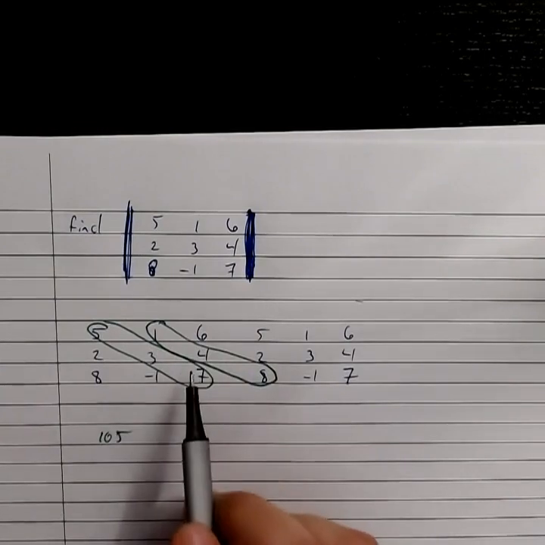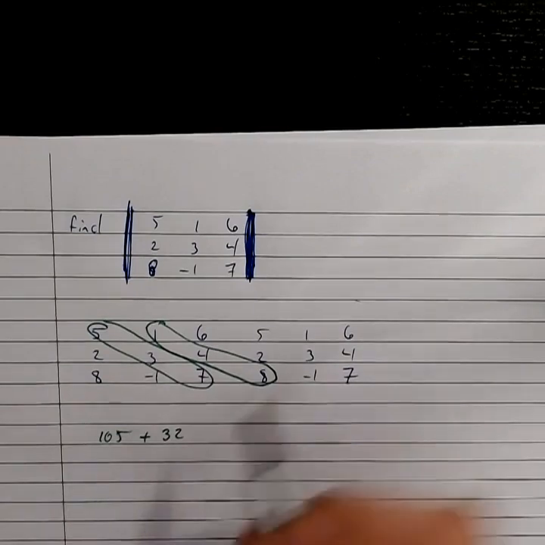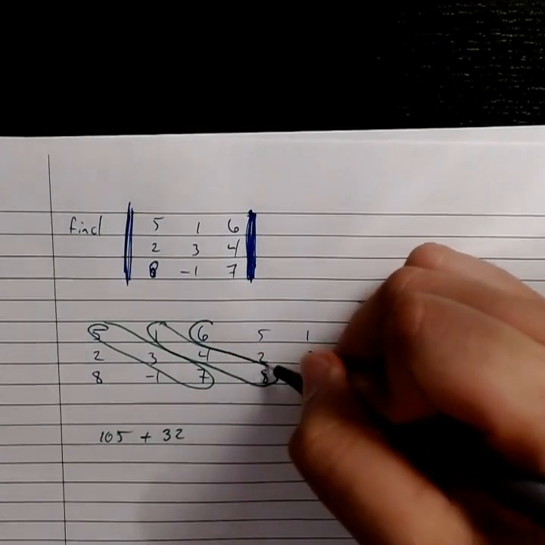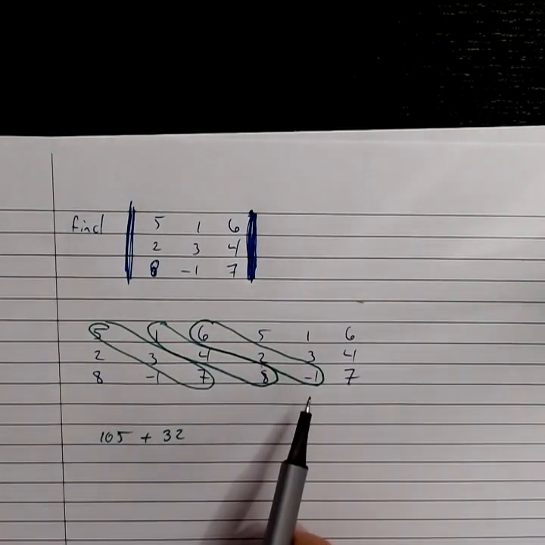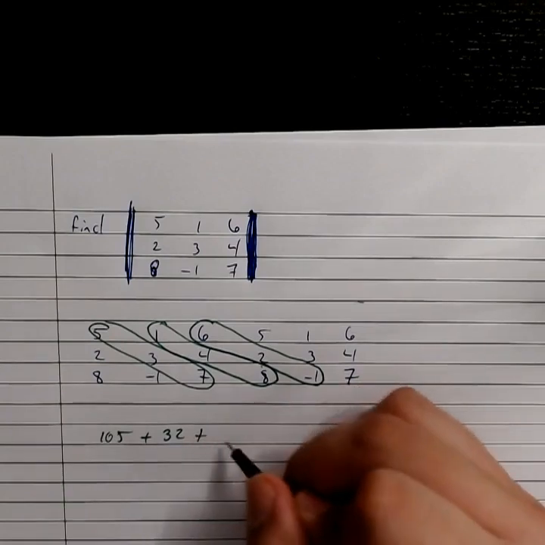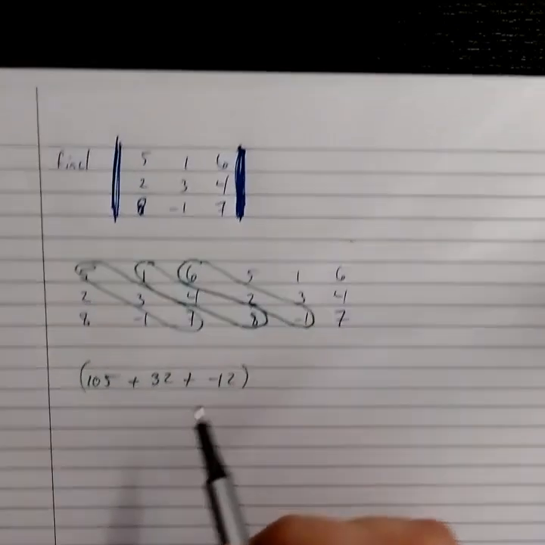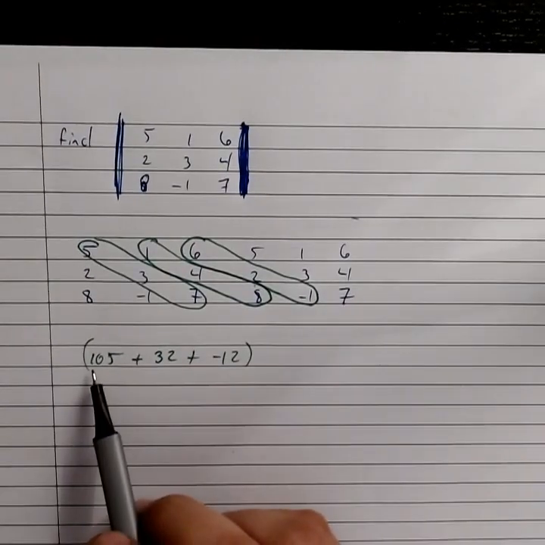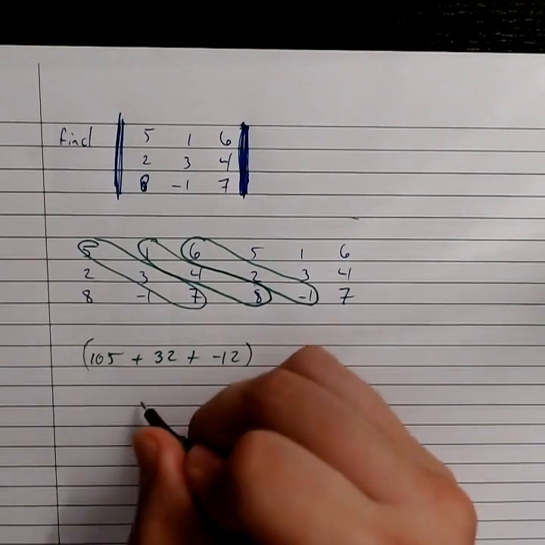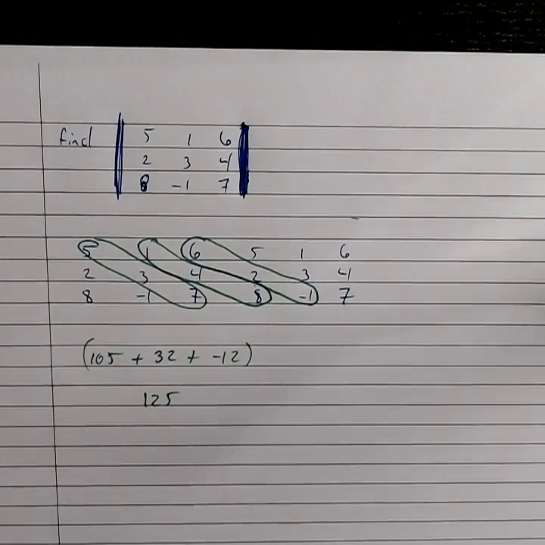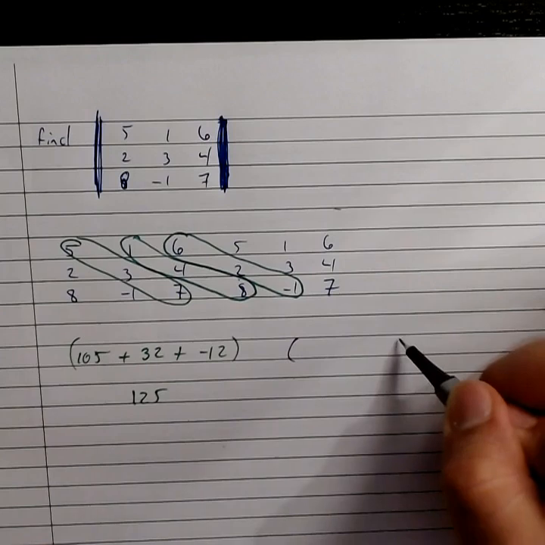So it's going to be 1 times 4 is 4. 4 times 8 is 32. And remember, those are being added. And finally, I can multiply these together. And that's going to be 6 times 2 is 12. Times negative 1 will give me negative 12. And all those get added together, which gives me, oh, let's see here, 137 minus 12 is 125. Just like that.